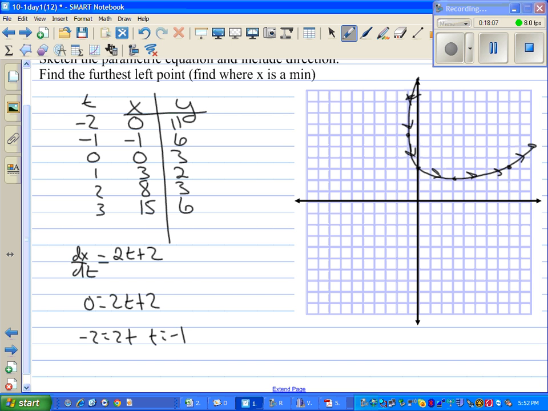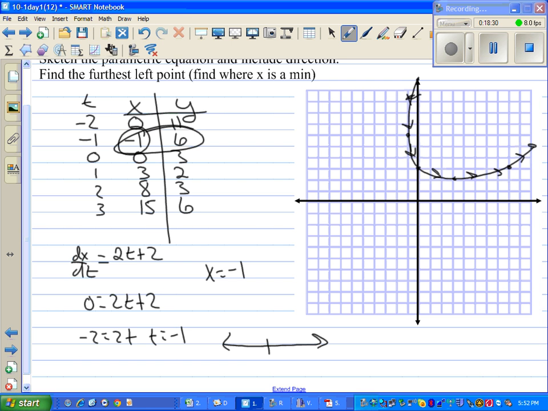Now when we plug -1 in, when t is -1, oh, x happens to be -1 when t is -1. That's why I was like, wow, that matches? Yeah, it actually does. So x equals -1 is the smallest x value.